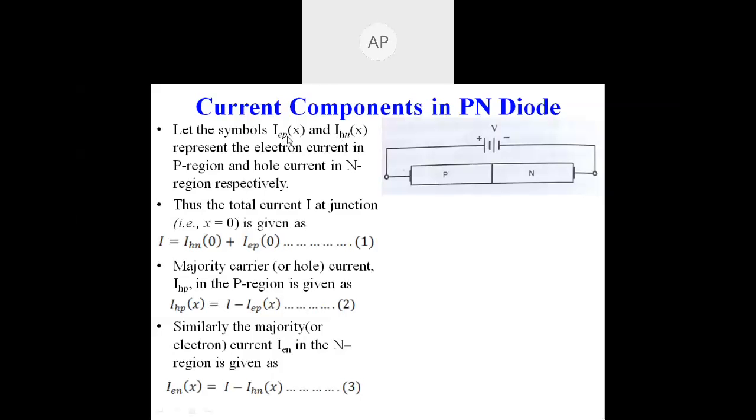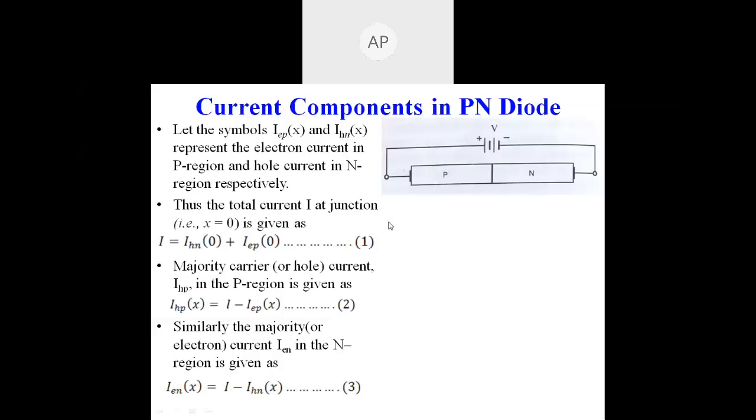minority carriers is proportional to the concentration gradient, as we discussed in previous slides, the current must vary exponentially with the distance. Therefore, there are two diffusion currents, which we will label as I subscript EP of x and I subscript HN of x.